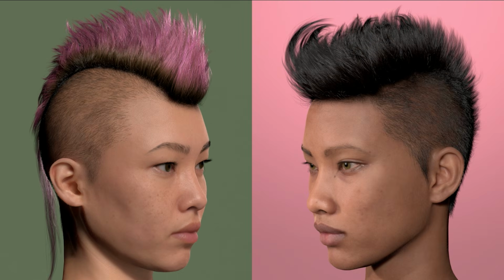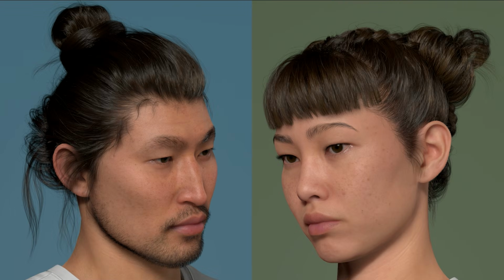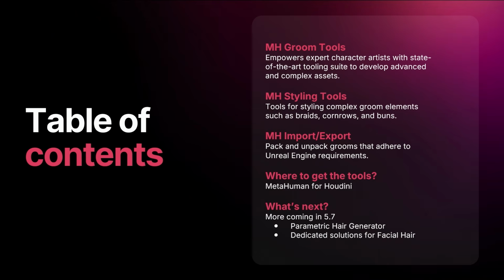These two Mohawk styles share a similar structure, but the variation in shape and texture shows how much control artists have over form and overall character. Here we see two complex hairstyles made with buns and braids, showing how the toolset supports layered detail and precise styling. As you can see, there's baby hair and a lot of tiny subtle details.